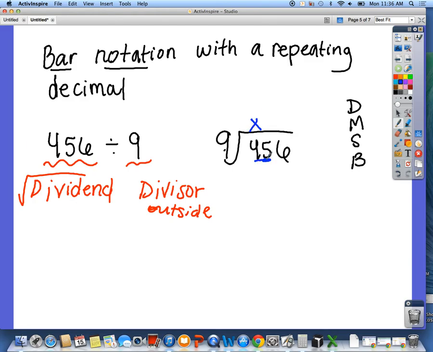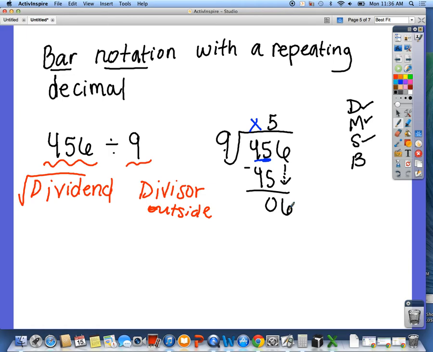I'm looking at 45 now. 45 divided by 9. 9 times what equals 45? That's 5. 9 times 5 is 45. So I've done my divide, I've done my multiply. I'm going to subtract. I get 0, and I'm bringing down the 6.